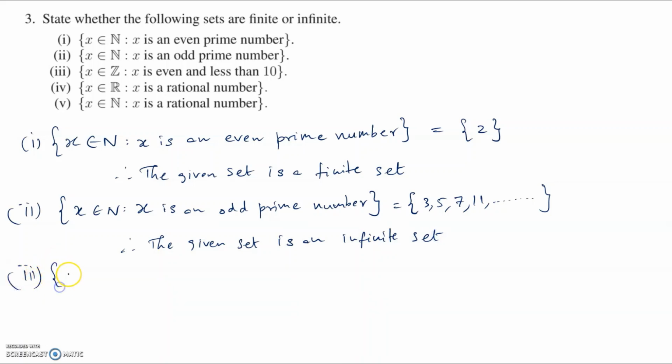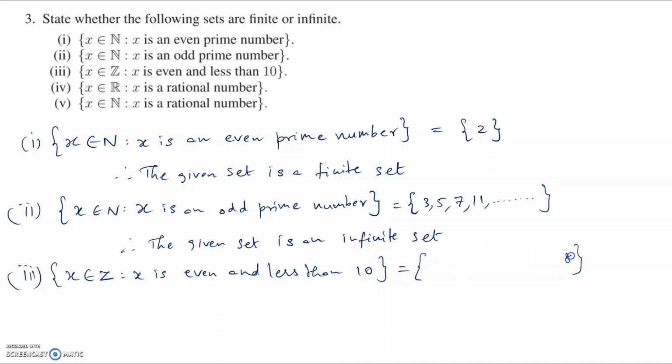Question number 3. You're given x belongs to the set of all integers such that x is even and less than 10. So that would be 2. Now, since it's integers, you have negative integers and positive integers. So let's start from the right side. It should be less than 10.